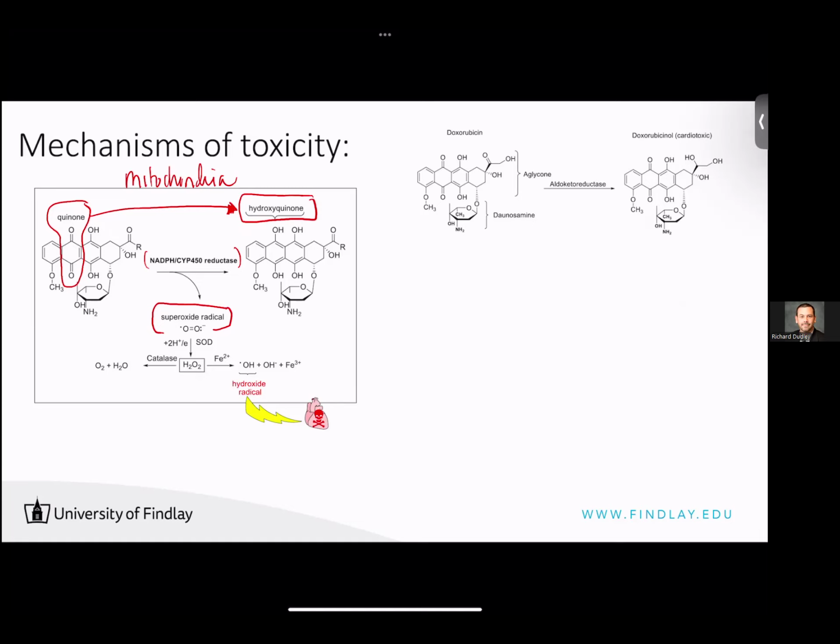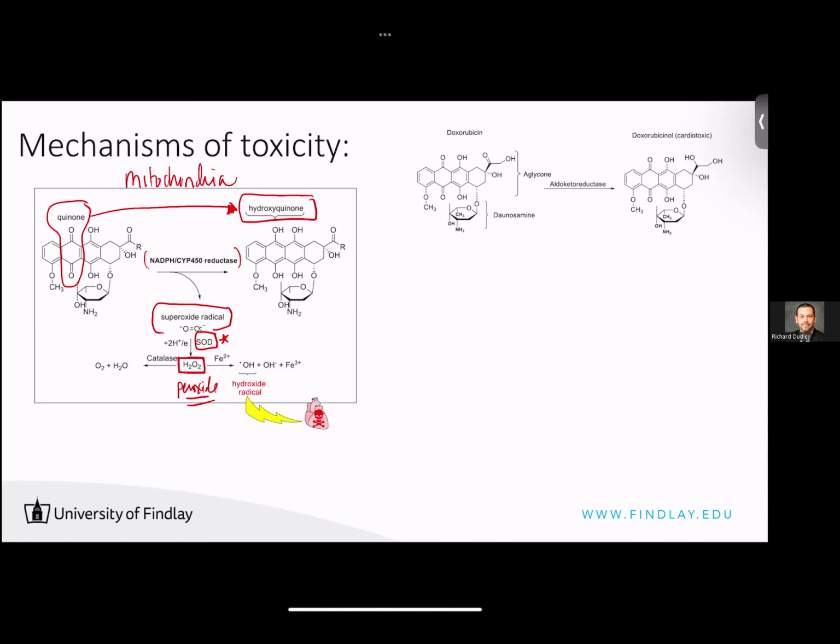Okay, fine. Some superoxide radical got formed. Well, our cells have enzymes to address the presence of that radical. Superoxide dismutase is an enzyme that is capable of quenching superoxide radicals and converting them to peroxide.